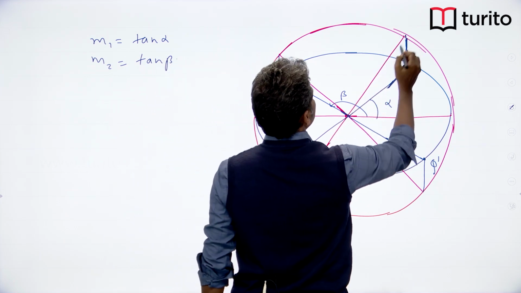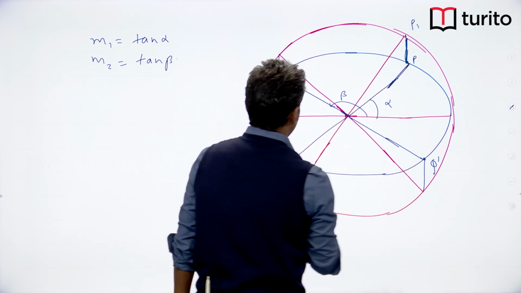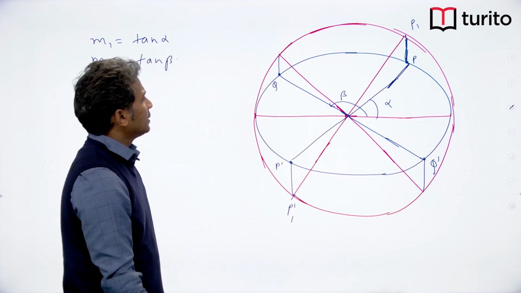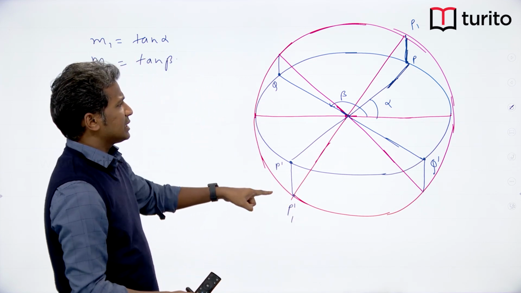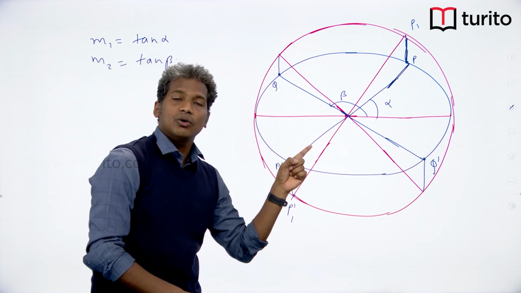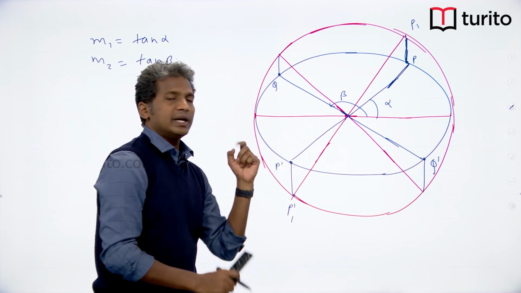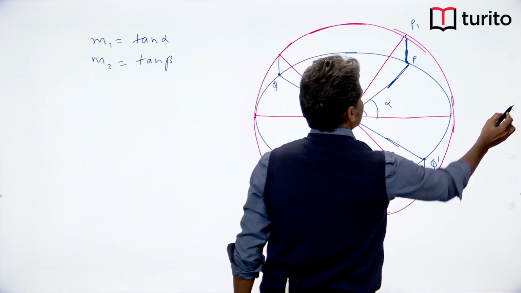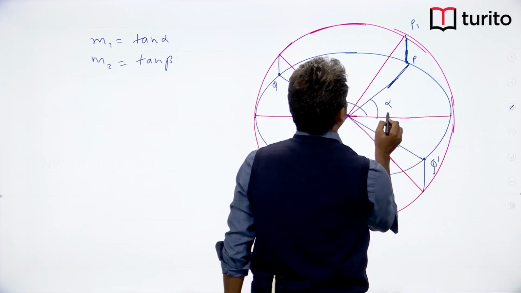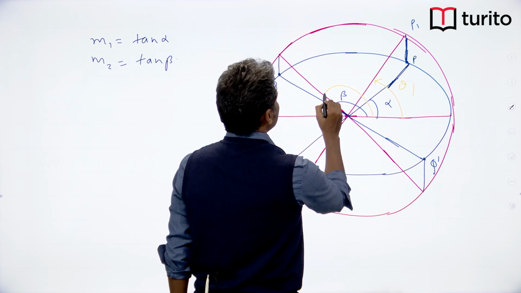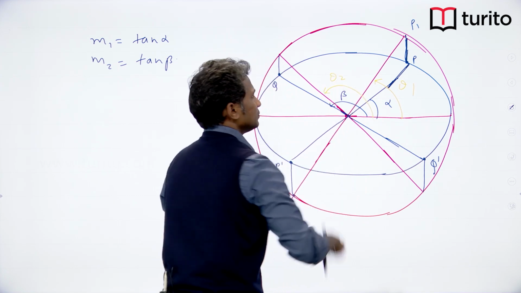Now, let this point be P1 and this point be P1 dash. P1 dash is the corresponding point on the auxiliary circle for P P dash. Let us take this angle as theta 1 and this angle as theta 2.